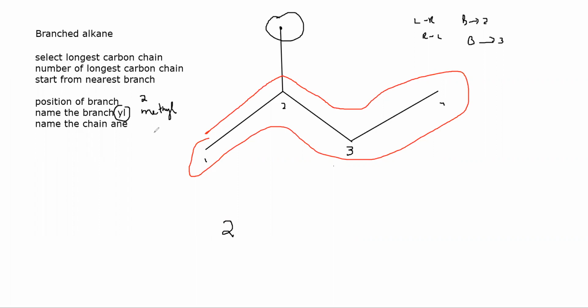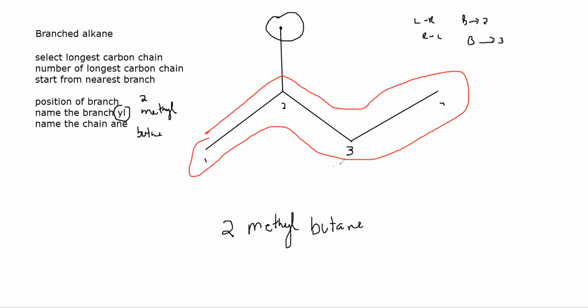So 2-methyl, and how many carbons in the chain? 4. 4 means but, and they have a single bond, so ane. So actually this compound is 2-methyl butane. Meth because one carbon in the branch, and yl because it's a branch, and but because of 4 carbons, and ane because they have a single bond.